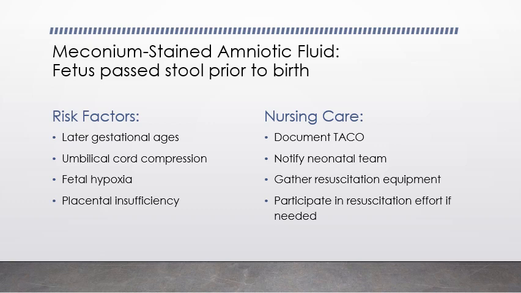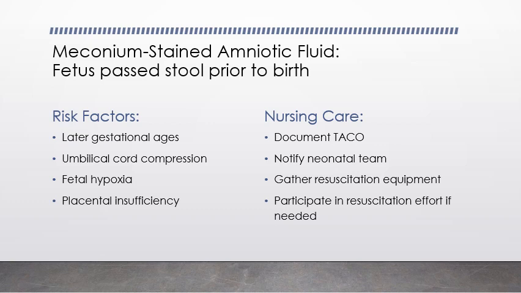Meconium stained fluid. I know I talked about this with the newborn, with complications with the newborn, and here it is. Meconium is just that first stool, and it's passed before the baby's born. So it's passed into the amniotic fluid. We know that the meconium's in that amniotic fluid if the mom has ruptured membranes and that fluid is green. Might be greenish fluid.